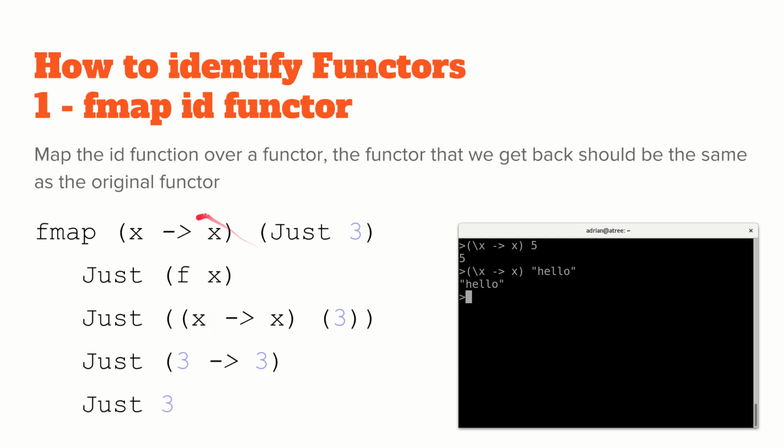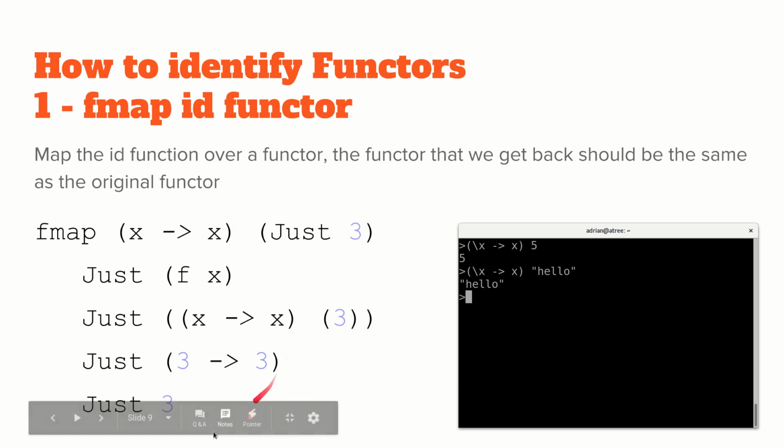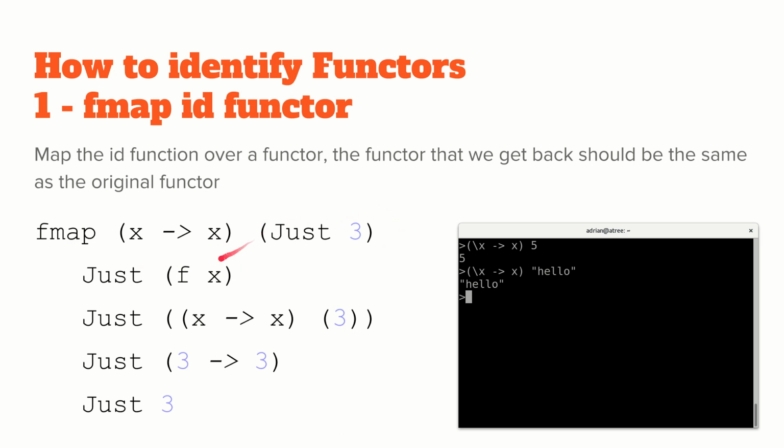Okay, so if you map your functor over ID, you should get back exactly what you were given. So we have fmap here, we have our ID function here, we have our functor here.